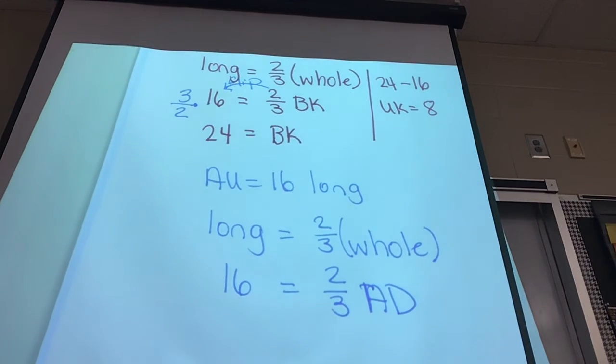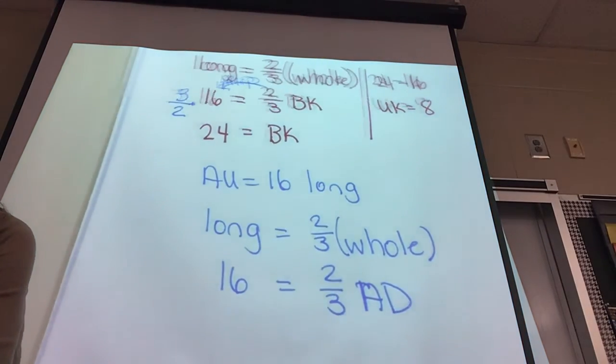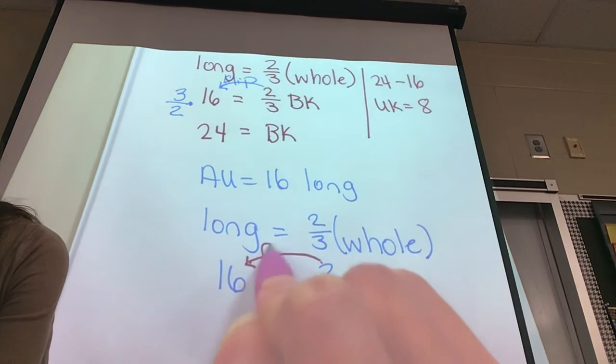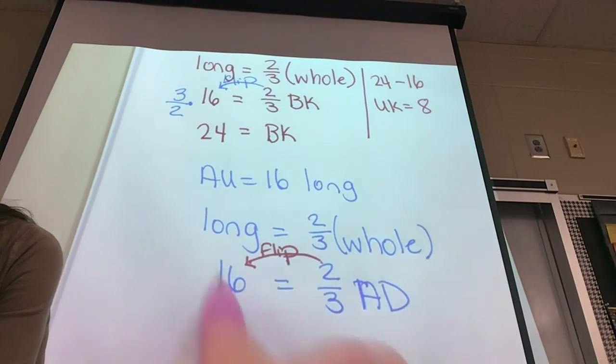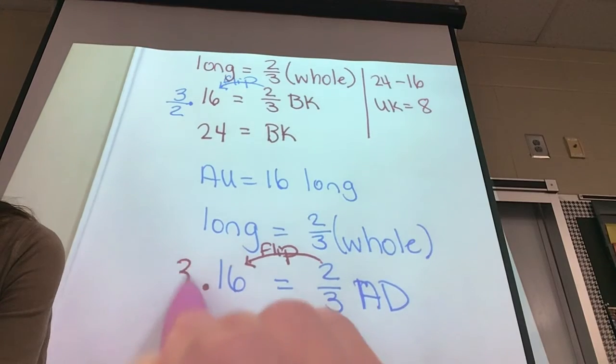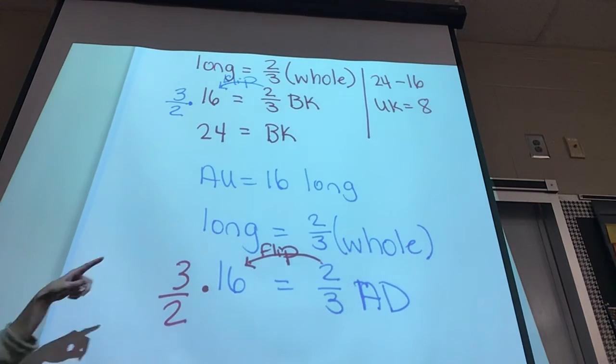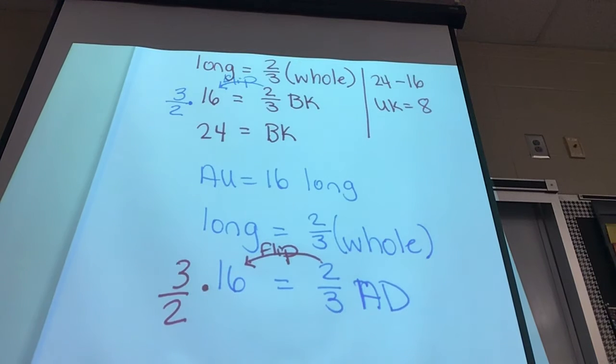You gotta flip it and put it on the other side. So, move it over here and flip it. So it's now 16 times 3/2. So if you multiply that and solve it, you're going to immediately know what AD is.